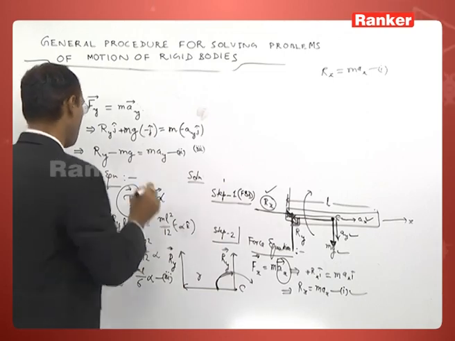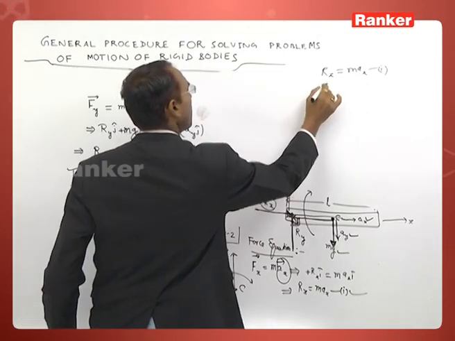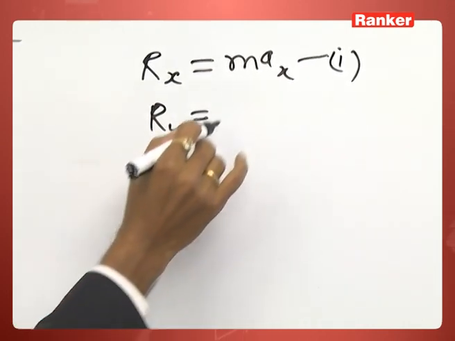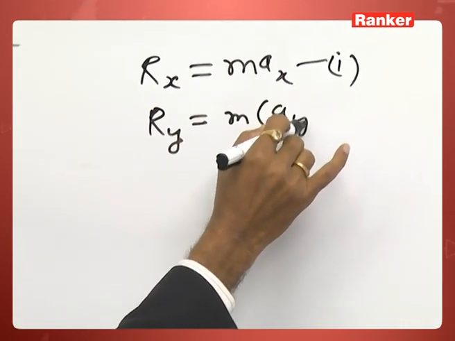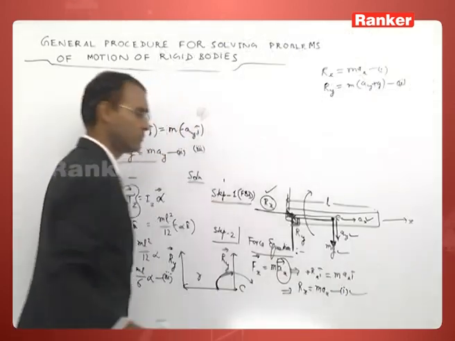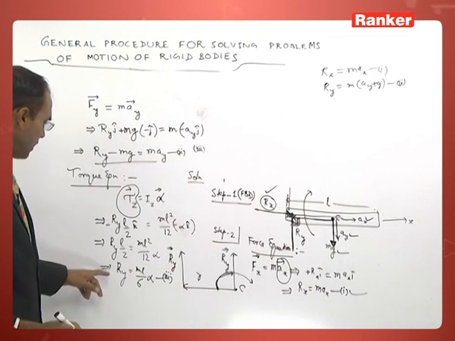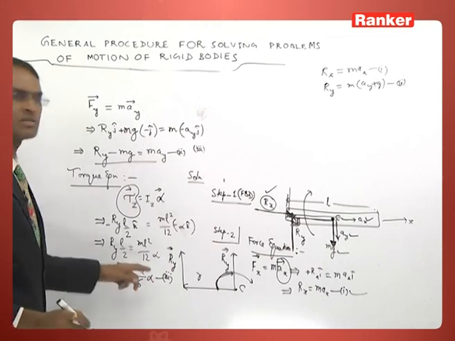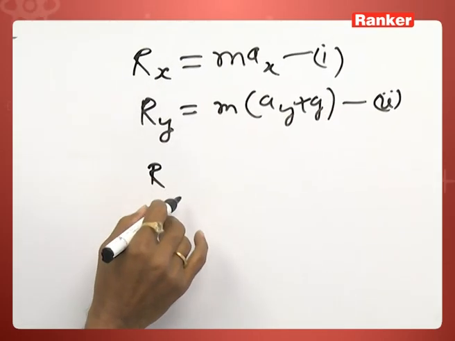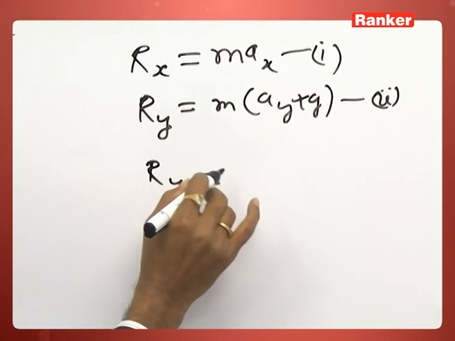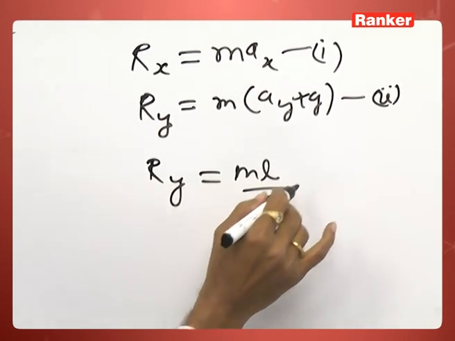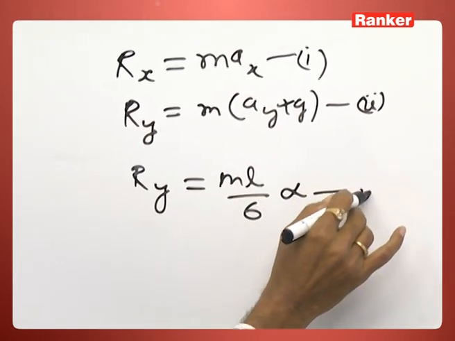Then Ry is equal to m into Ay plus g, equation number 2. 2 force equations, and we are getting this much from the torque equation. And Ry is equal to ml by 6 into alpha.